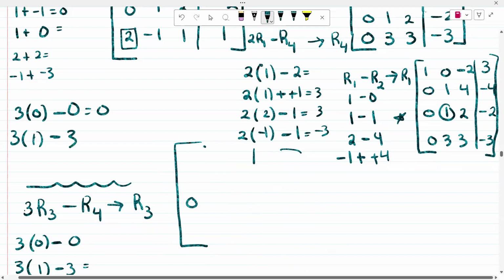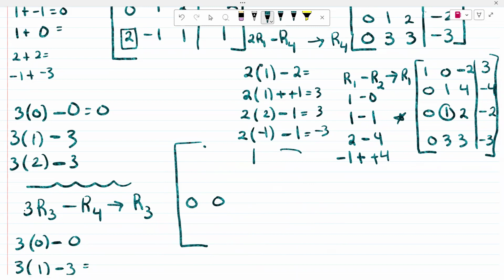So 3 minus 3 is 0. That's good. And then 3 times the third number in row three, which is 2, minus the third number in row four, which is 3. So 3 times 2 is 6, minus 3, that's 3.